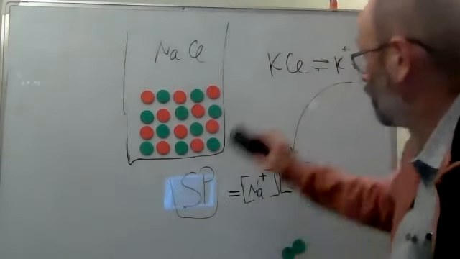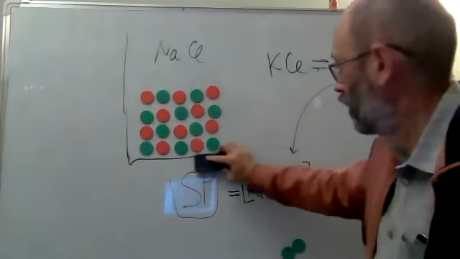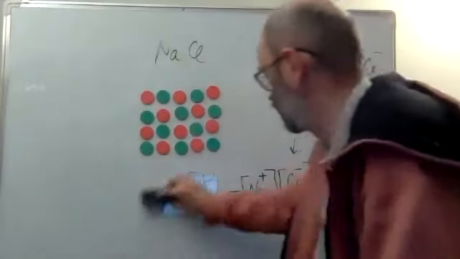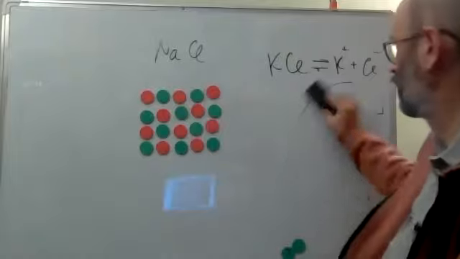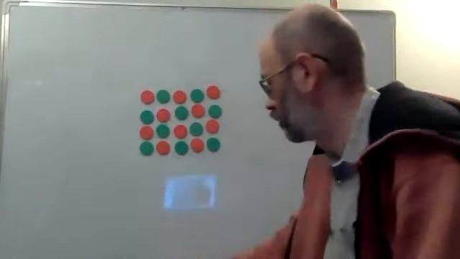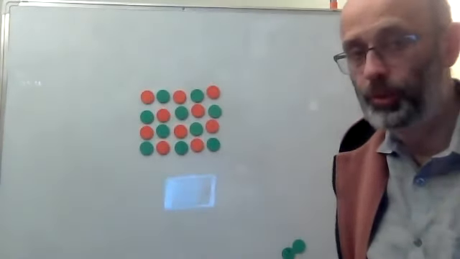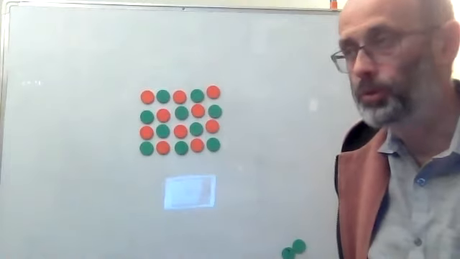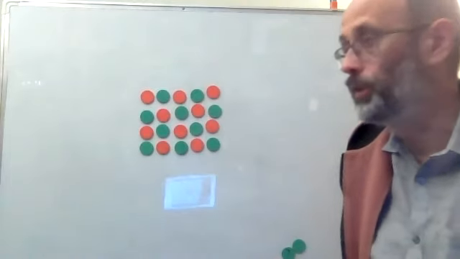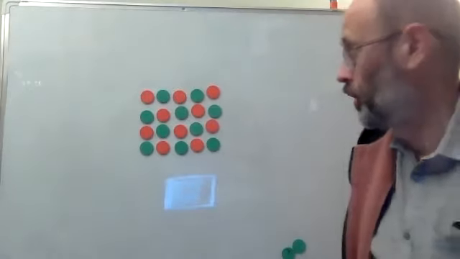Next example. Okay, let's forget about sodium chloride and potassium chloride. Let's discuss some low soluble compounds like barium sulfate, which has a very, very low solubility, or barium carbonate.